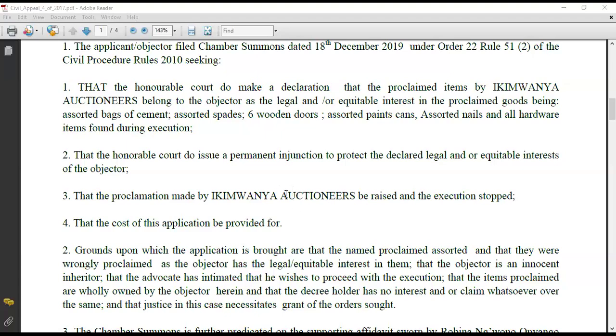If you go to my exam preparation website, there is a sample interpleader application. You can look at how it looks like, under the civil litigation notes.